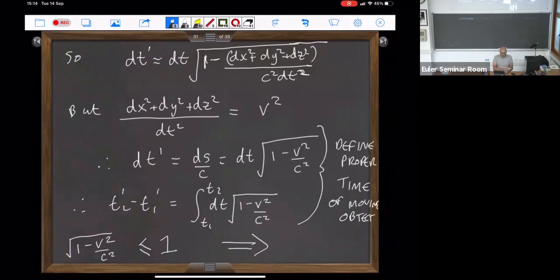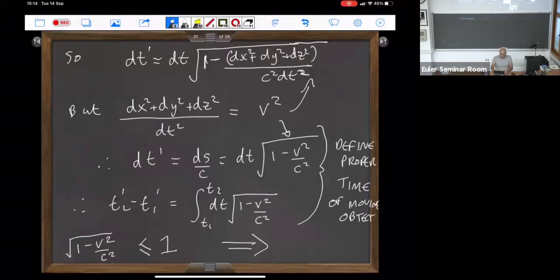So the sum of squares of the infinitesimals divided by dt squared is actually the square of the velocity vector. I can substitute this in, and I get that dt prime is actually dt times the square root of 1 minus v squared over c squared.